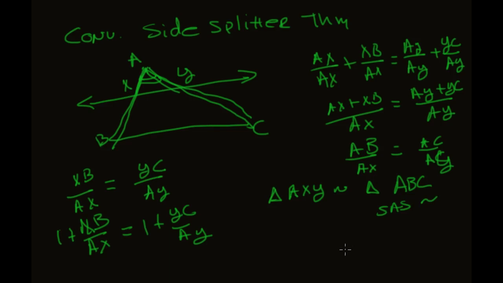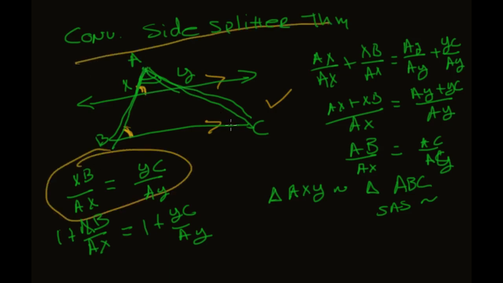If these triangles are similar, then the corresponding angles have to be congruent, which means angle X has to be congruent to angle B. If those angles are congruent, then those lines are parallel, which means that the converse holds. So if I have proportionality, then I get parallel.